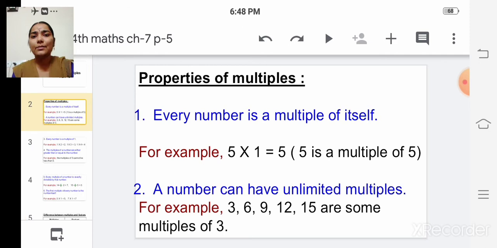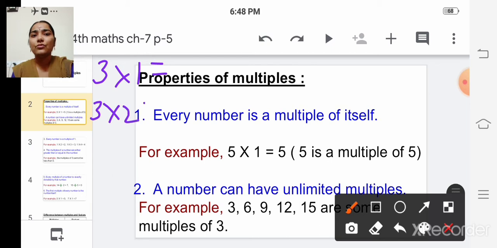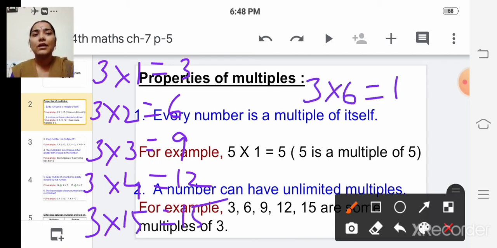Like the previous example, if we are going to find out the multiples of 3, then we will multiply 3 into 1, 3 into 2, 3 twos are 6, 3 threes are 9, 3 fours are 12, 3 fives are 15, 3 sixes are 18, 3 sevens are 21 and so on.